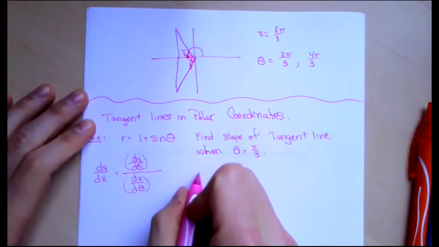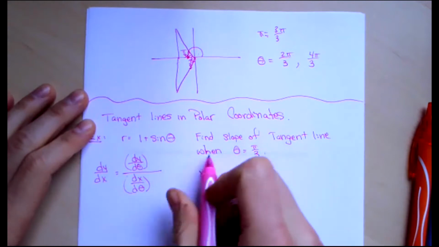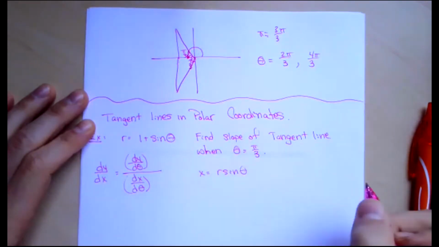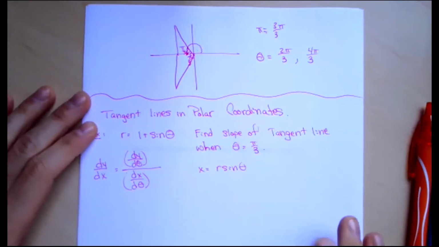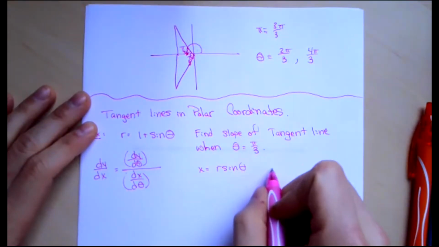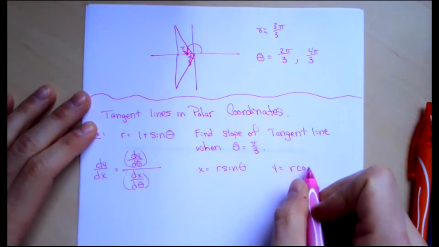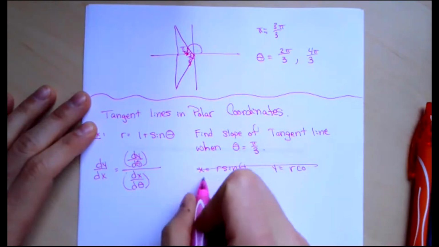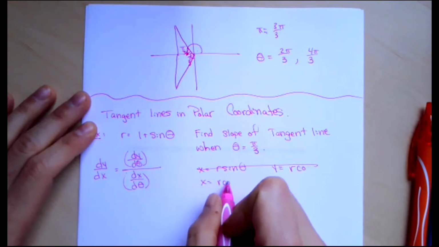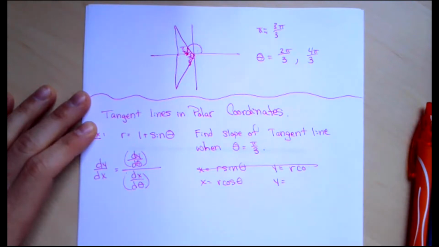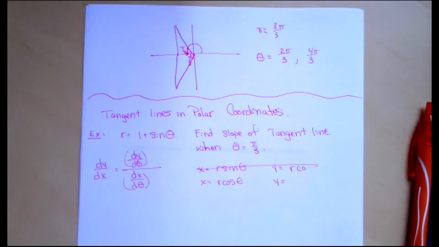We go back to our defining transformation from polar to rectilinear. We have x is r sine theta and y is r, backwards those. Ugh. X is r cosine theta and y is... You actually made a mistake before.